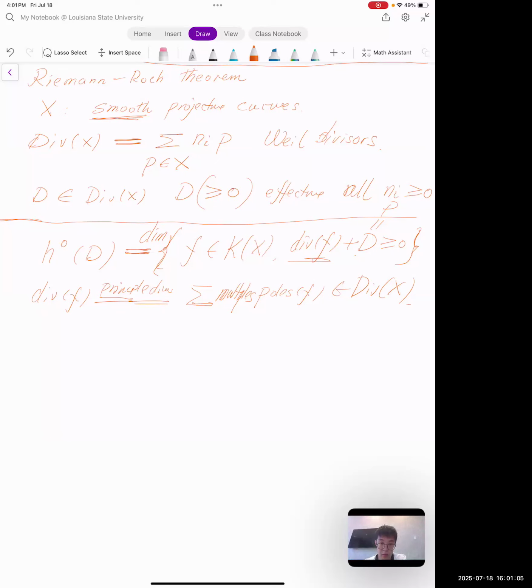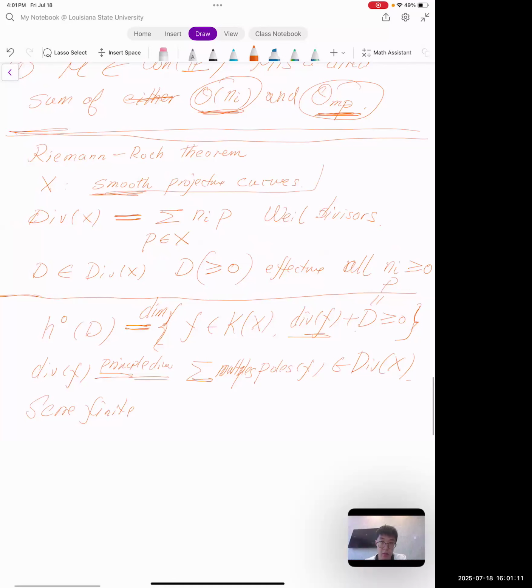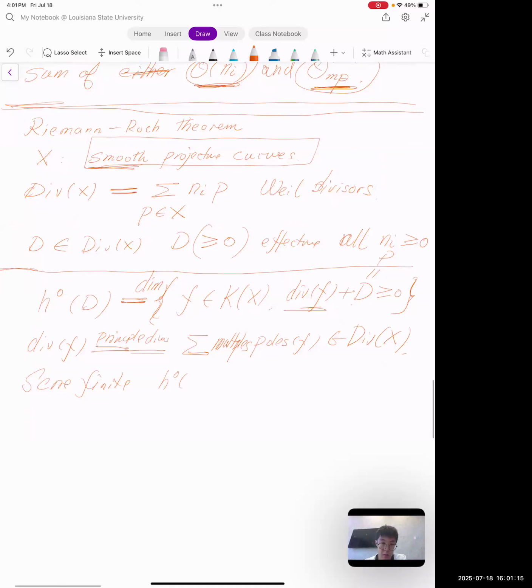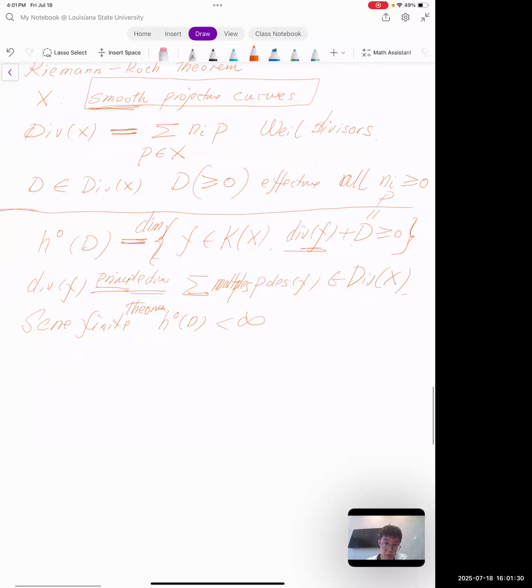And there's a result, the Serre finiteness theorem. It says if you have a projective variety, here a smooth projective curve, then this number is always finite. It's actually the global section, the zeroth cohomology group of a coherent sheaf. So the Serre finiteness theorem tells us it's always finite. Okay, and I also need one more thing, then we are done.